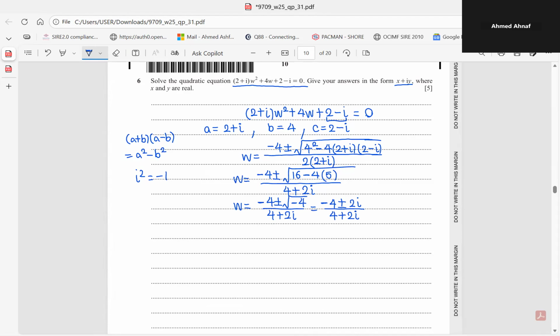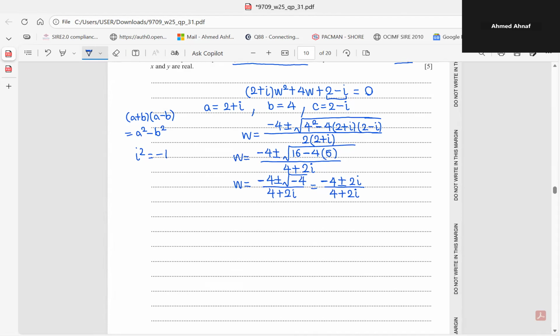Let's split the positive and negative signs. For the positive sign, we get minus 4 plus 2i over 4 plus 2i. For the negative sign, we get minus 4 minus 2i over 4 plus 2i.